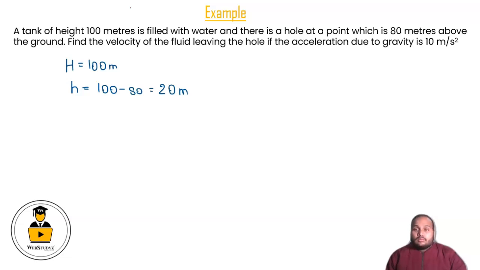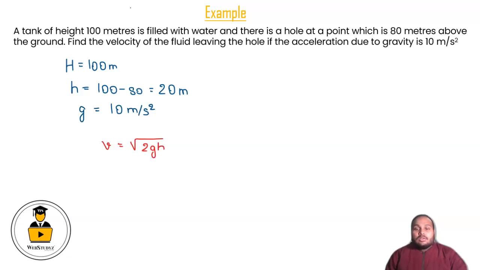Now, the acceleration due to gravity is 10 meter per second square. Therefore, according to the velocity of efflux in Torricelli's law, we can find the velocity by the equation v equal to under root 2gh.